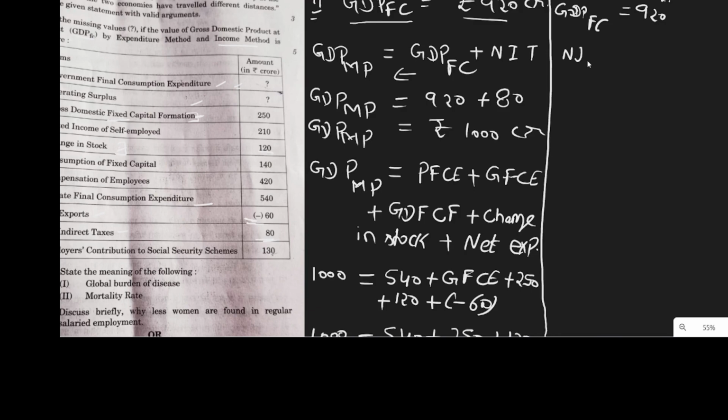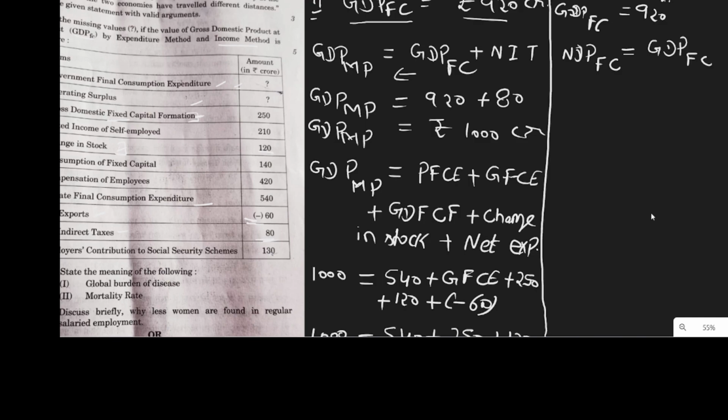Not GDP-MP, neither GDP-FC or any other aggregate. Income method, the formula involves the aggregate NDP at factor cost. And I am given GDP at factor cost. So my first priority is to get NDP-FC with the help of GDP-FC.